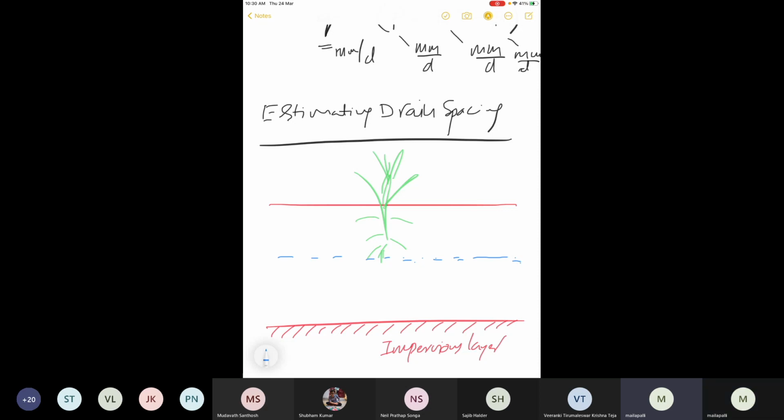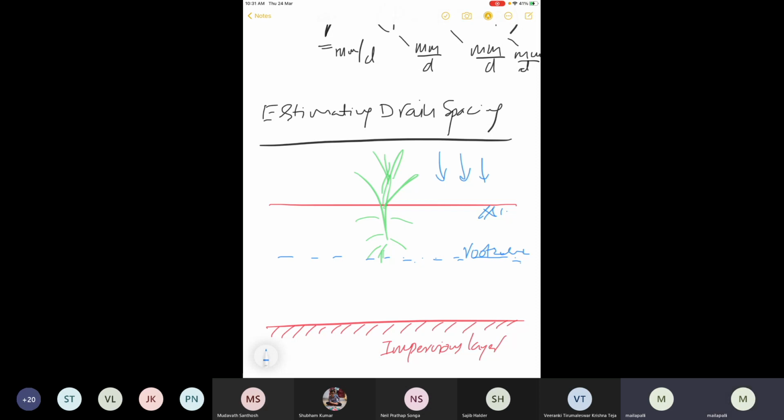Sorry. Okay, so this is the land surface on top, and this is the root zone. Our intention is that the water table should go below the root zone every time. Even if there is a heavy rainfall, it should not stay within the root zone. It should go away from the root zone.